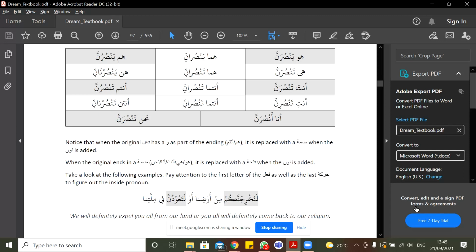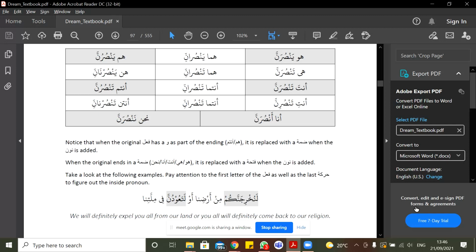Okay, what did we study? If we have nun shadda and before that we have a dhamma, what is the dhamma replaced with? The dhamma is replaced with waw, because we cannot have vowels connecting with the noon, and to give a u sound we have a dhamma.